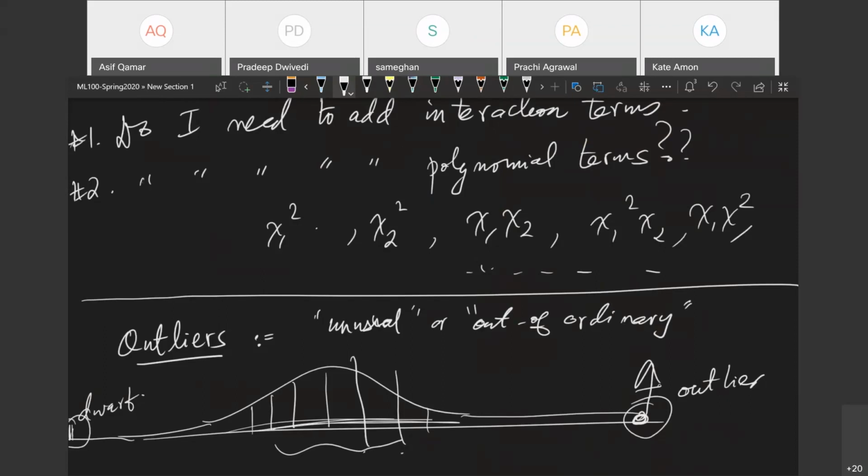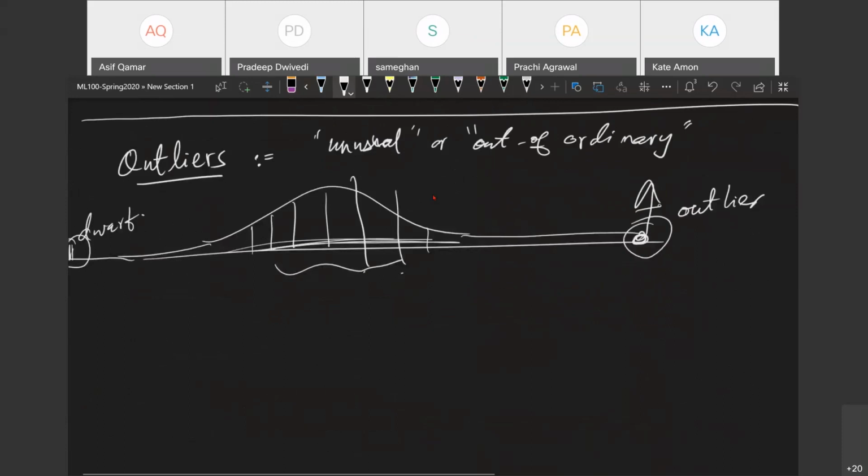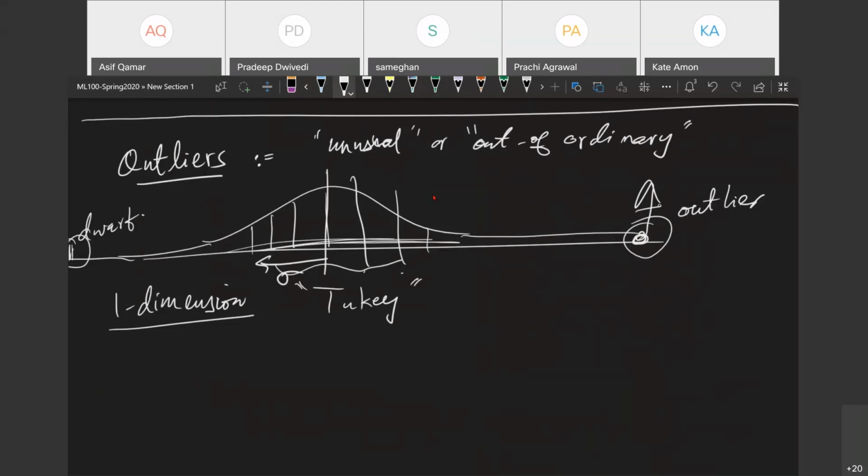So another question is, what's a more technical definition? In one dimension, outliers are easy to find. There's a guy who wrote the first exploratory data analysis book, to my knowledge, Tukey. He's quoted in my notes, very influential. He said that one standard deviation is sigma, and then you find things that are 2 standard deviations away.